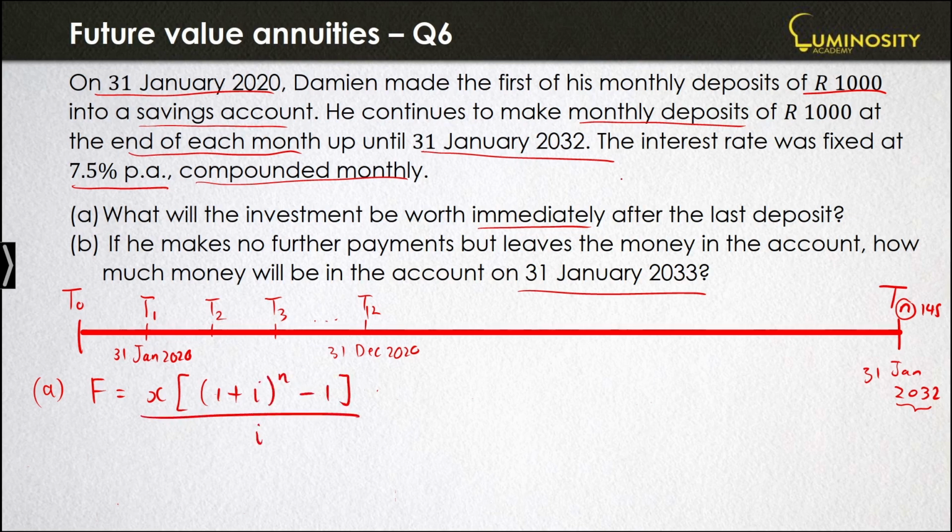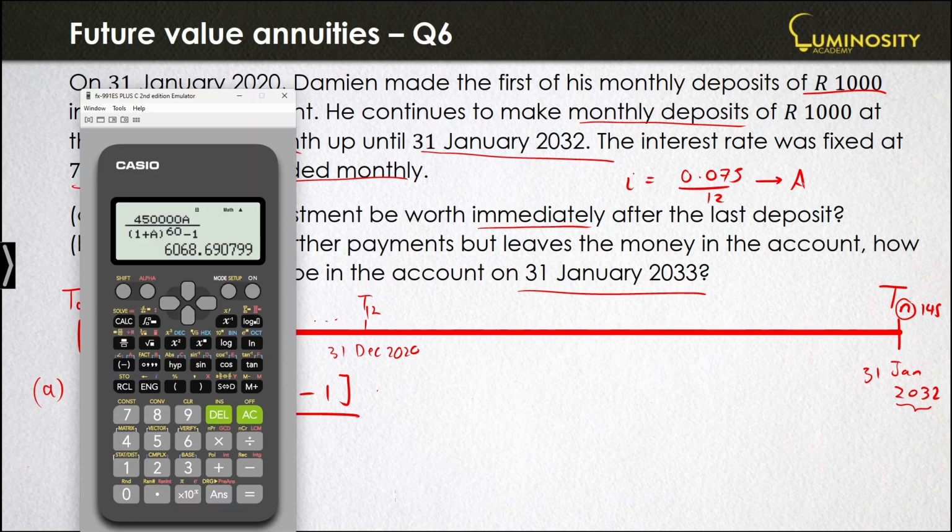Again, my interest rate i here was 0.075 over 12, and I'm going to store that into A in my calculator. So 0.075 divided by 12, shift store A, and I'm going to check that my A is correct. Yes. Now put it in the future value formula.